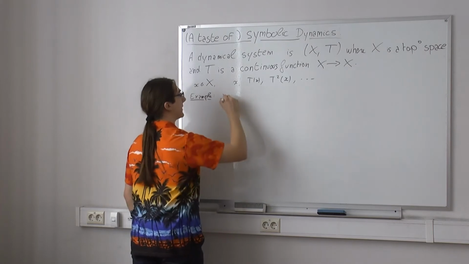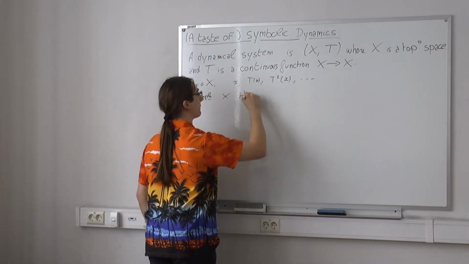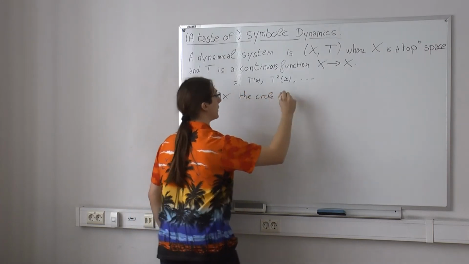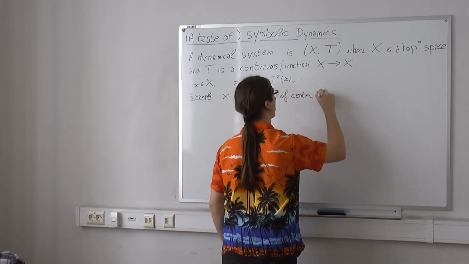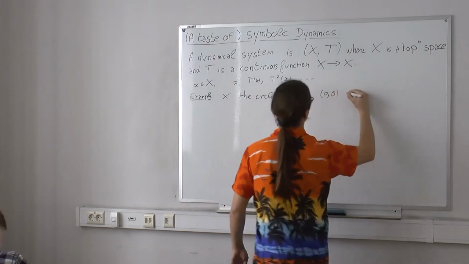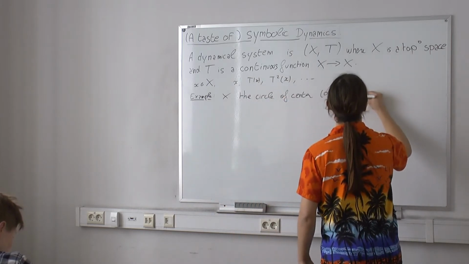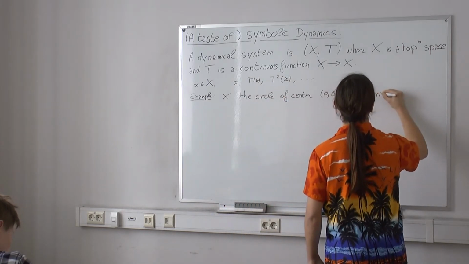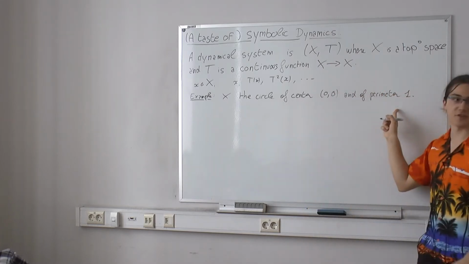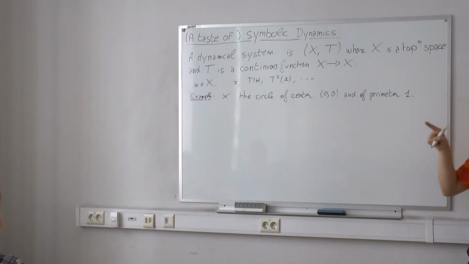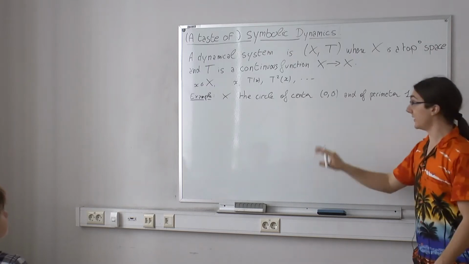You take X, the circle of center (0, 0), so the origin, and of perimeter 1. So you take the radius such that the length of your circle is exactly 1. This is just to make things easier to compute.